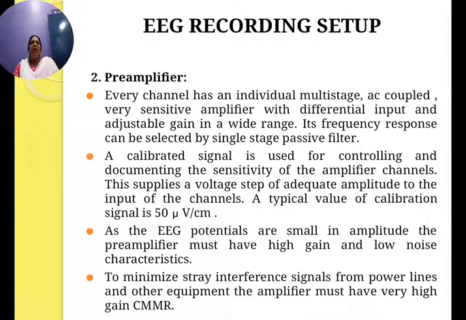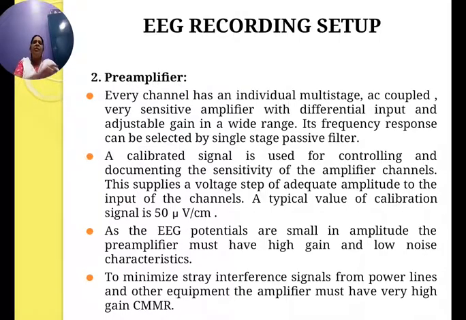Then your preamplifier. Every channel which you have selected from the montage selector box has an individual multi-stage AC coupled, very sensitive amplifier with differential input and adjustable gain in a wide range. Its frequency response can be selected by a single stage passive filter.